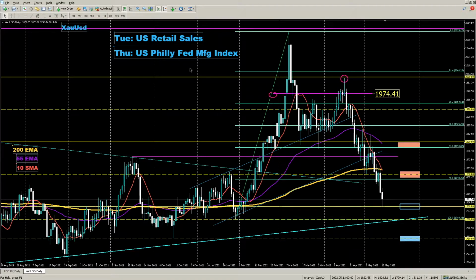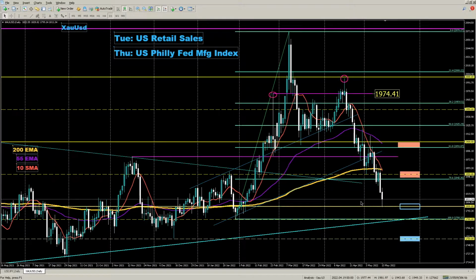We'll see how this week's news can impact the recovery of some of the major pairs that have continued to fall as well. Retail sales on Tuesday and the Philly Fed manufacturing index on Thursday.